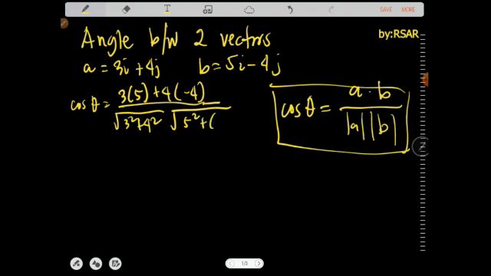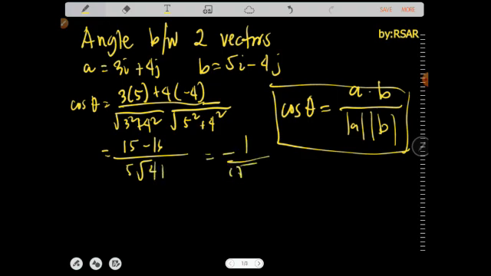Okay? So, simplify, that is 15 minus 16 over 5 square root of 41. Or just equals to negative 1 over 5 square root of 41. Take the inverse cosine of that. That is equals to 91.79 degrees.